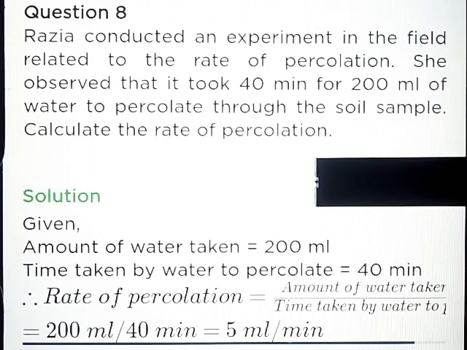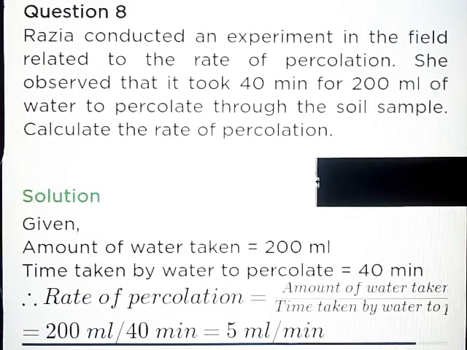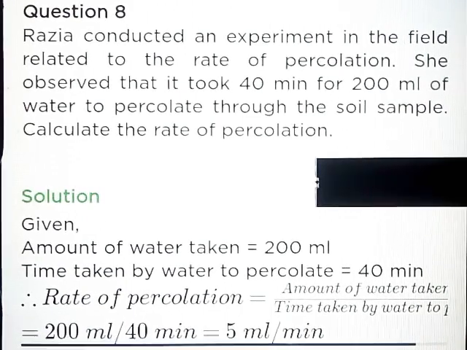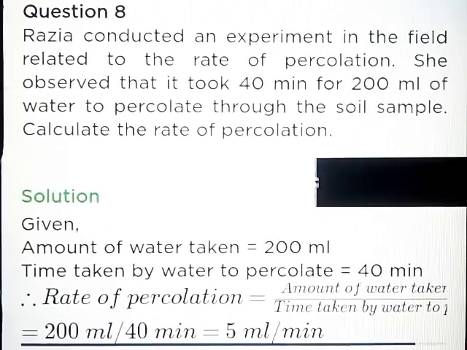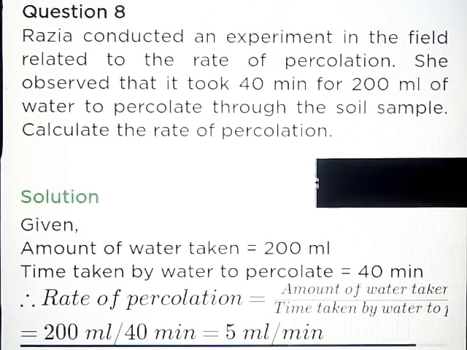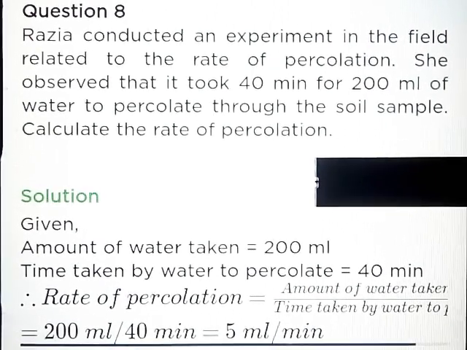Question number 8. Razia conducted an experiment in the field related to the rate of percolation. She observed that it took 40 minutes for 200 ml of water to percolate through the soil. Calculate the rate of percolation. Answer.